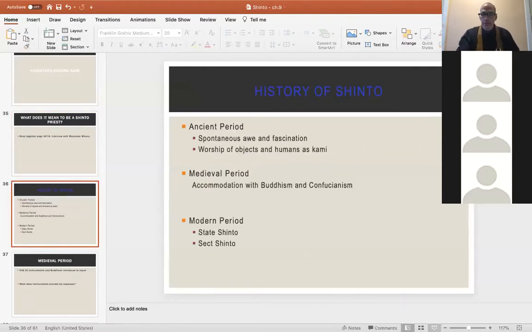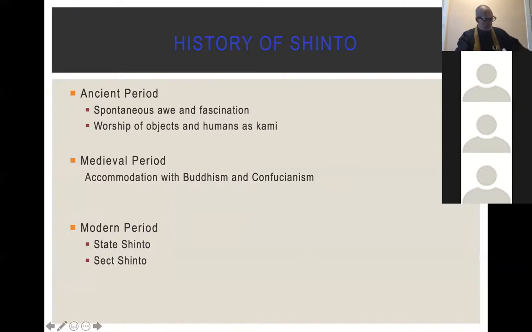What I'd like to do for the remainder of this lecture is have a little more on the history of Japan within the perspective of Shinto. Last class we looked at the ancient period of Shinto, getting a sense of what kami is, and that human beings can be kami.